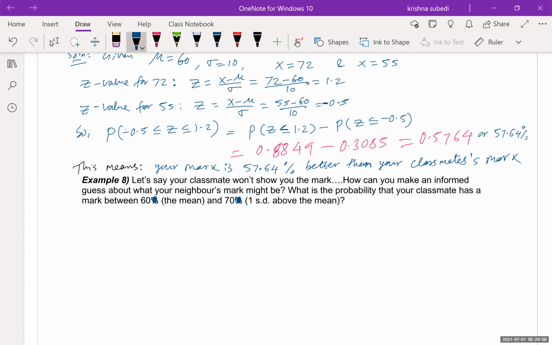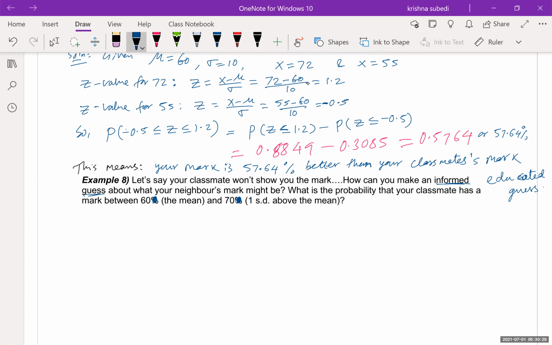Suppose that your friend doesn't want to show you the mark, but you want to guess what his mark would be. You can guess randomly, but it is always better to do an educated guess, or informed guess.